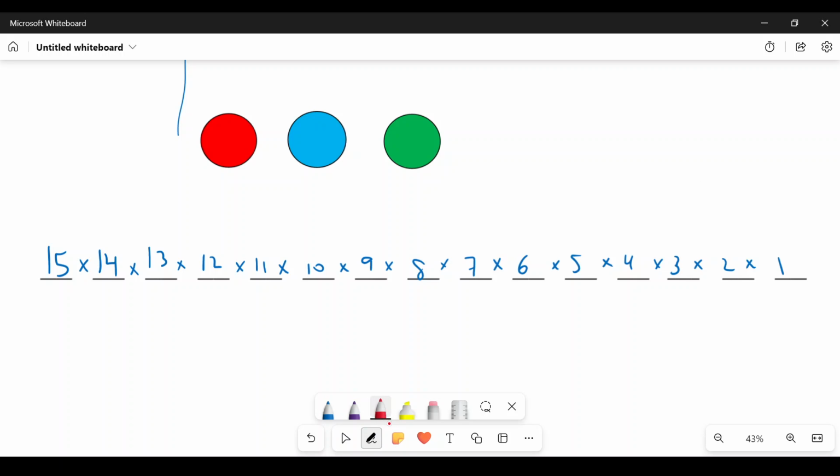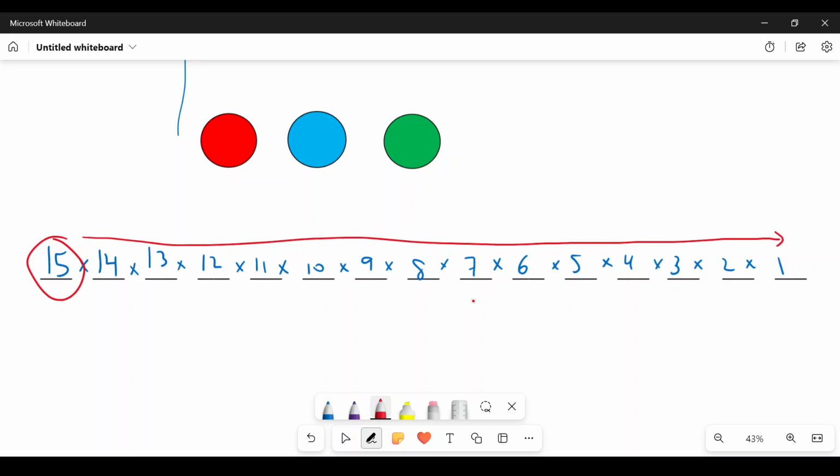But this comes up enough in the world of combinatorics that there's a shortcut for it. So I started with the number 15, and then I multiplied by every one less, in a row, by every number all the way down to 3 times 2 times 1. So for example, if I had a question where I did 7 times 6 times 5 times 4 times 3 times 2 times 1, that's the same pattern I'm looking for, all the way down to 3 times 2 times 1.